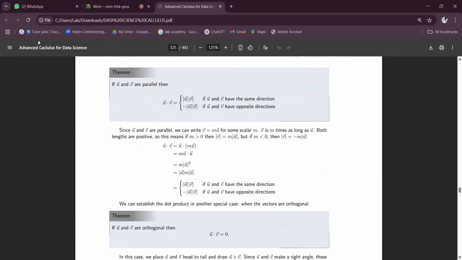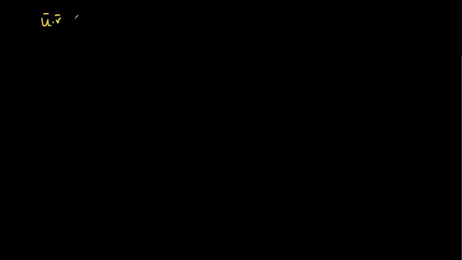What is the significance of the dot product? If u dot v is equal to, suppose, a, then a is a scalar value.